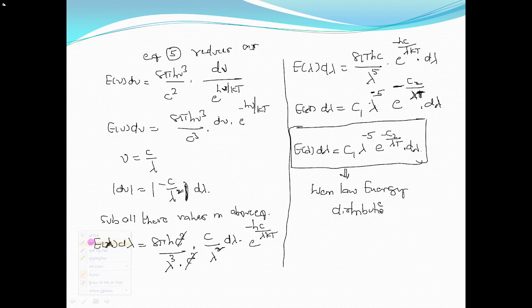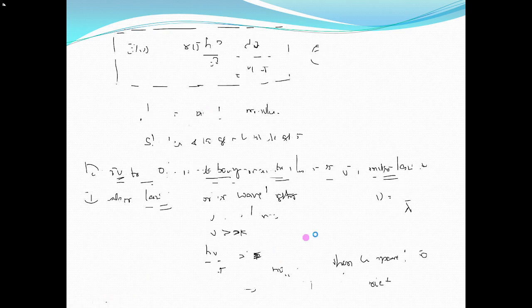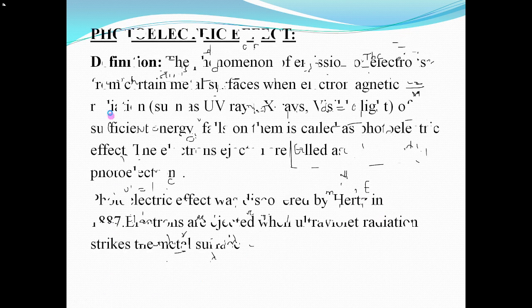From Planck's radiation formula, we were able to get Wien's law, which holds good for shorter wavelengths. Meaning it can explain shorter wavelengths.